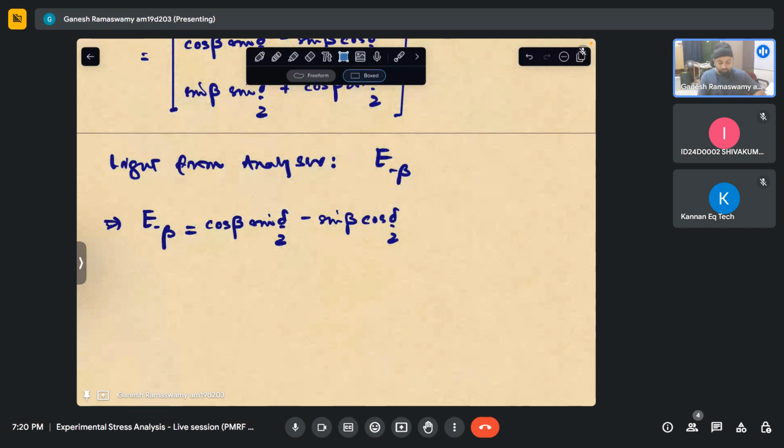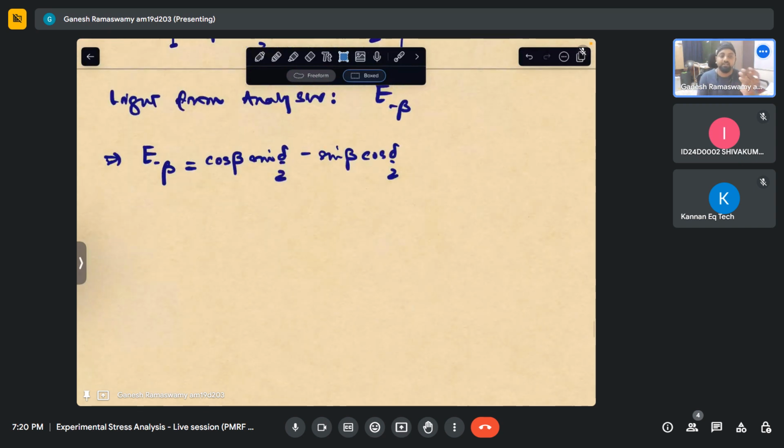Now what we have to do is, let us say that it is passing through a fringe.